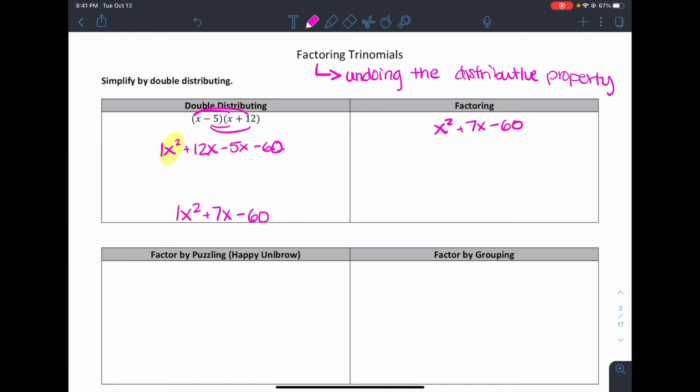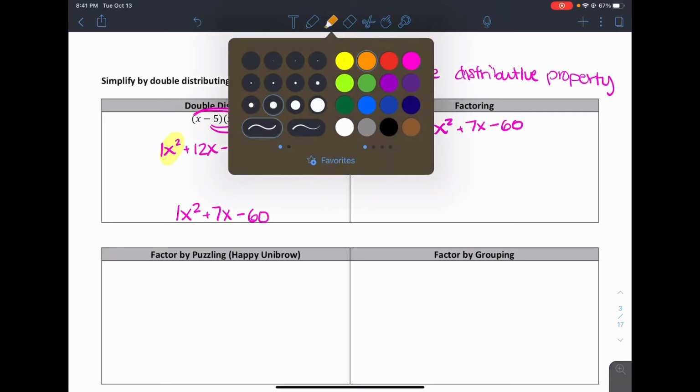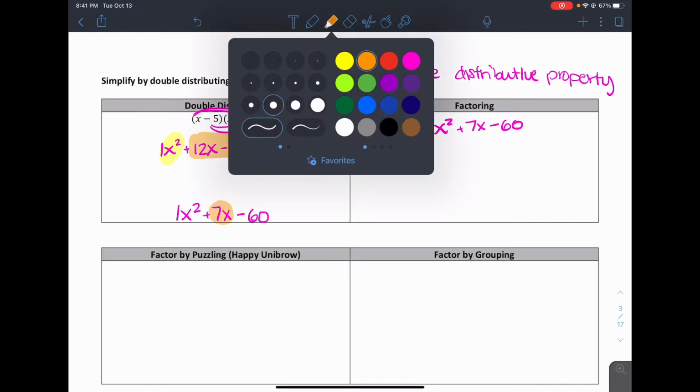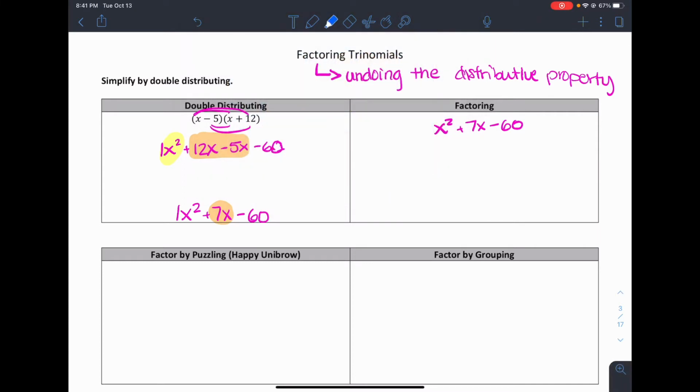Additionally, we have the 7x. That comes from these two middle terms adding together, right? So to make the 7, I need to think of two numbers that add to 7. And to make the negative 60, it was the negative 5 times the positive 12 that did that.